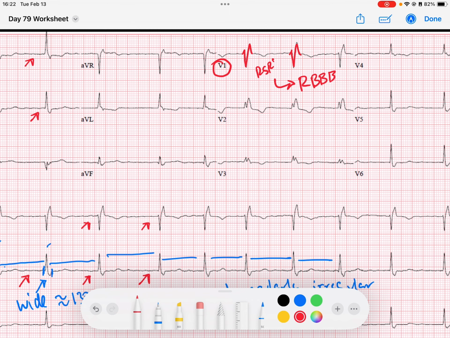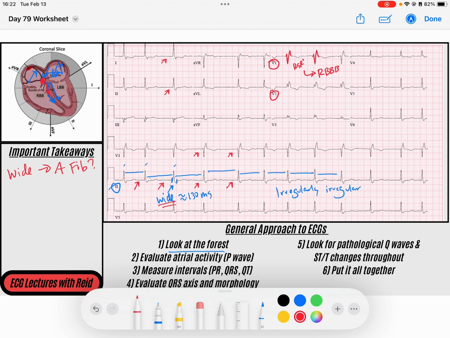So when you get RSR prime in V1, V2, in the setting of a wide complex rhythm, that's very common for right bundle branch block. We need to continue to evaluate the rest of our QRS, but now I'm starting to think this is probably atrial fibrillation.